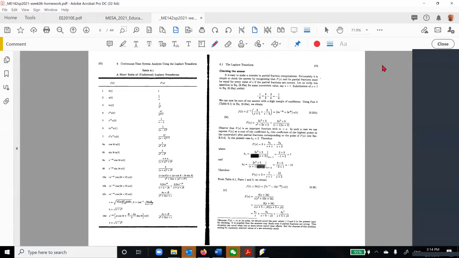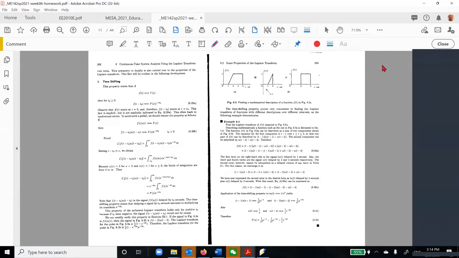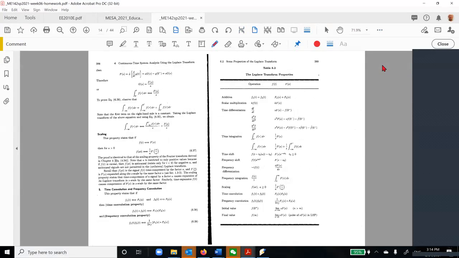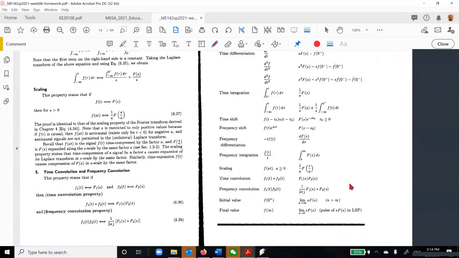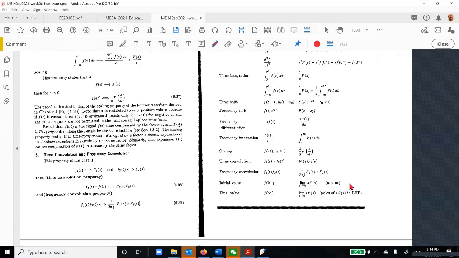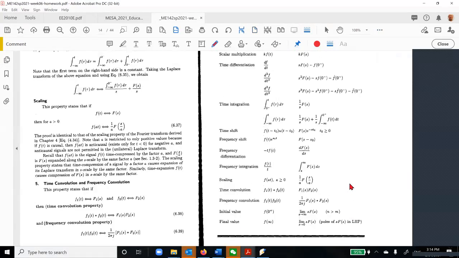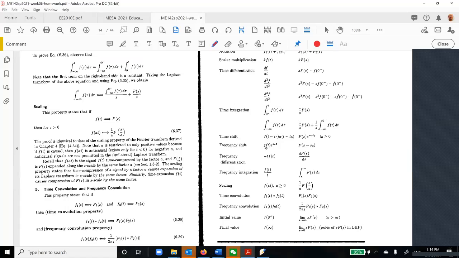So actually, this is the table here. You should have another. You can see that if you have a shift in s in here, it will be like this, s minus s0.